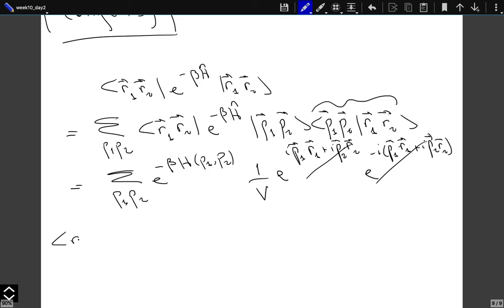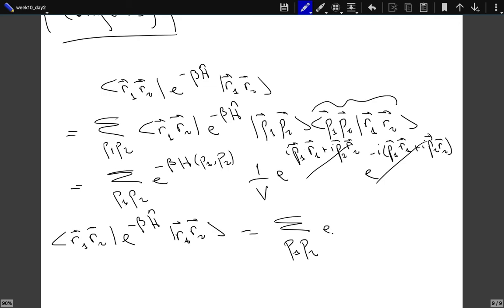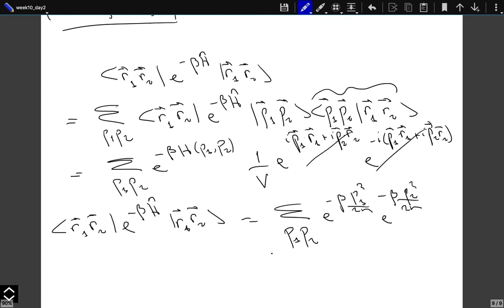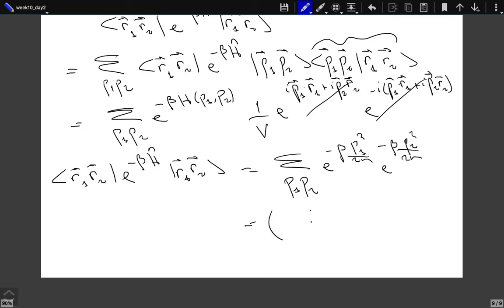So <R1, R2|e to power minus beta H|R1, R2> is just the sum over P1 and P2 of e to power minus beta P1 squared over 2m times e to power minus beta P2 squared over 2m. Well, this is just the sum over P, e to power minus beta P squared over 2m, and this whole thing squared.